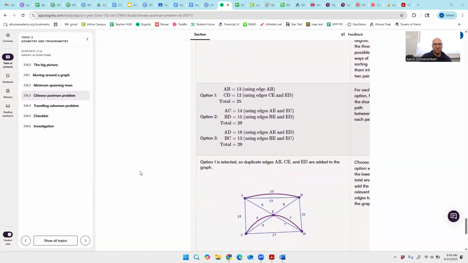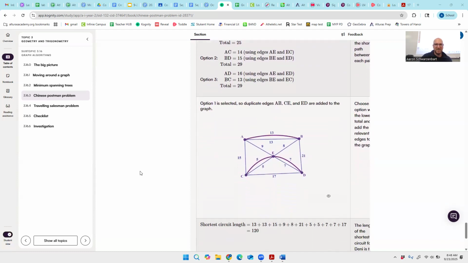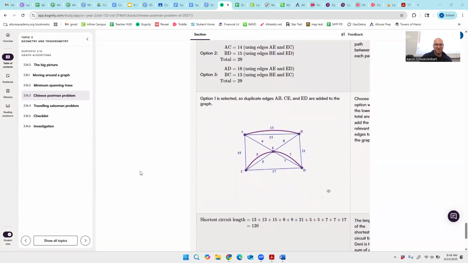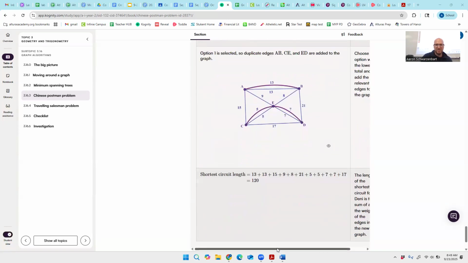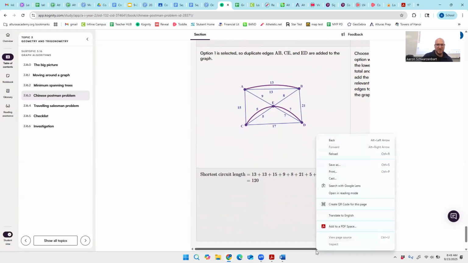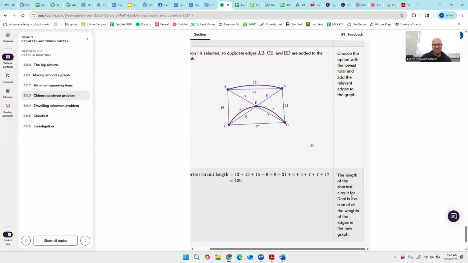So the trick then being, you're going to add up the shortest length of circuit, all the circuit lengths plus your extra 25. The sum of the weights of all the edges in the new graph.